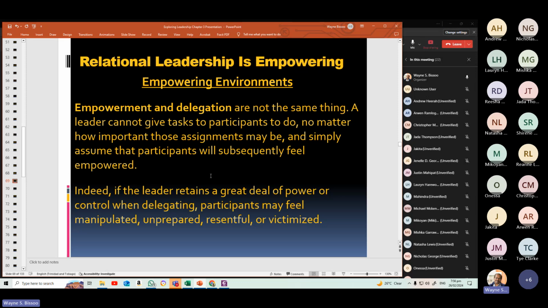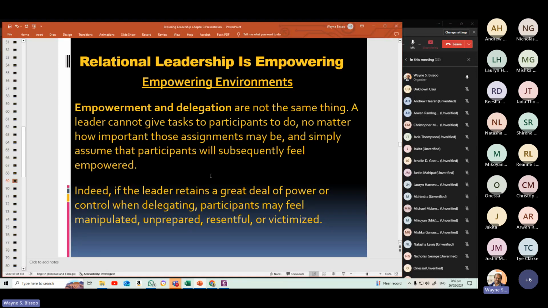That actually can lead to a situation where the person feels, the phrases I hear, manipulated, underprepared, resentful, and victimized. That's a really important thing. You don't want to do that if you're going to delegate.